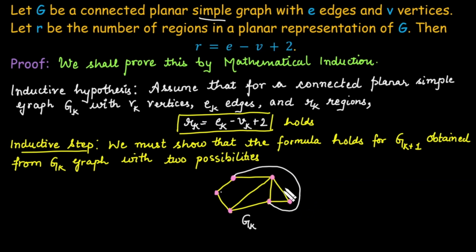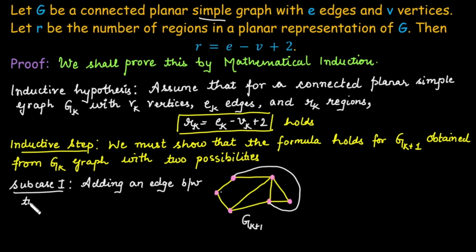So we are getting a new graph that is G K plus 1. So the first sub case we are taking in this case is adding an edge between two existing vertices.